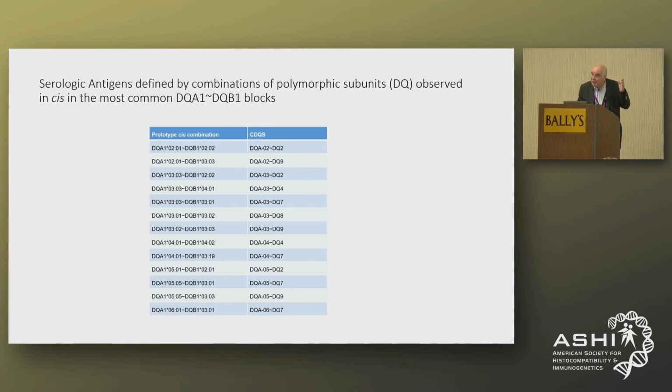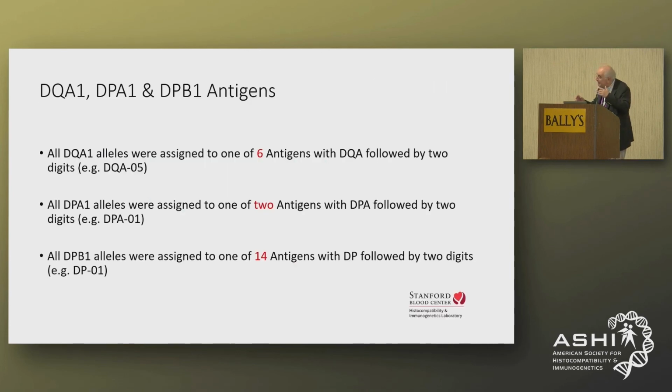And actually we proposed, for example, to name formally combinations in cis that we know react with some of our sera. For example, DQ alpha 05 paired with DQ7, we'd like to give a name. And we chose the pairs that are in cis in the haplotypes, because we're going to be seeing them always, because they travel together.